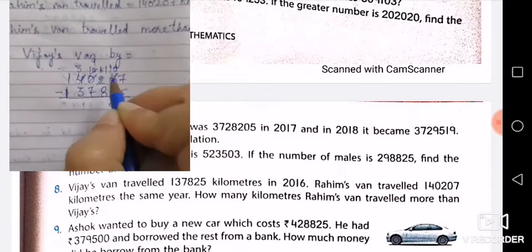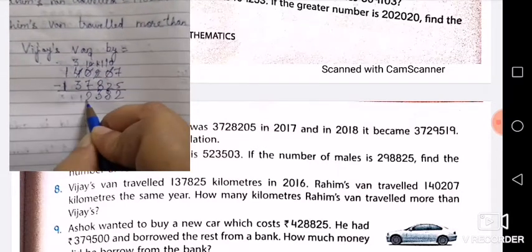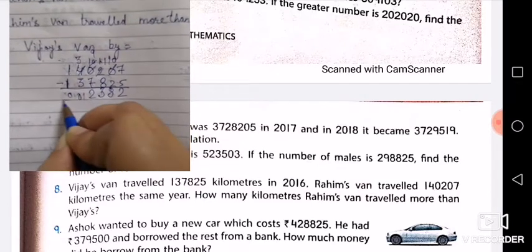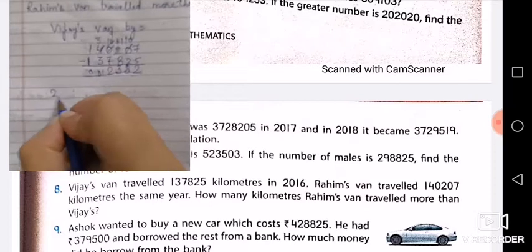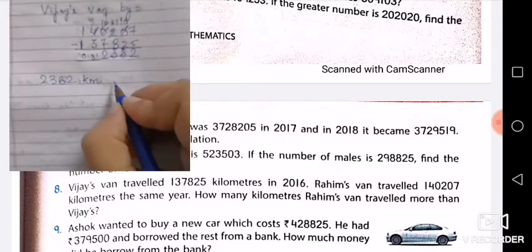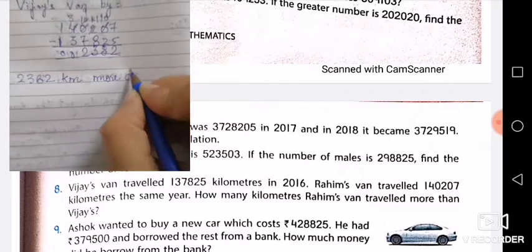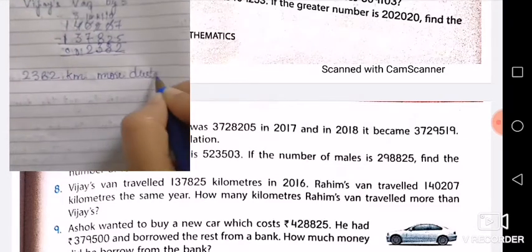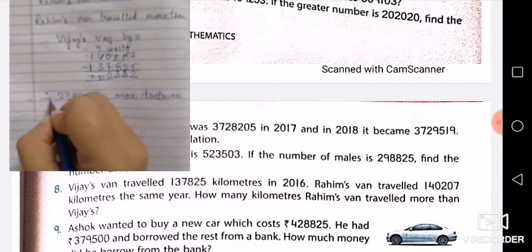This will become 11. 11 minus 8, 3 you will get. 9 minus 7, 2, then 0 and 0. So this much: 2,382 kilometers more distance travelled by Rahim's van.